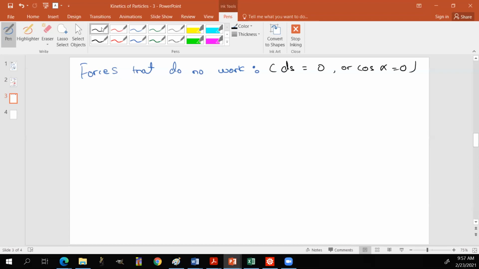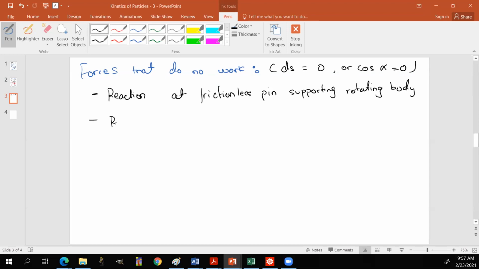So when you have a reaction at a frictionless pin, supporting a rotating body or something like that, that reaction is going to do no work ever.